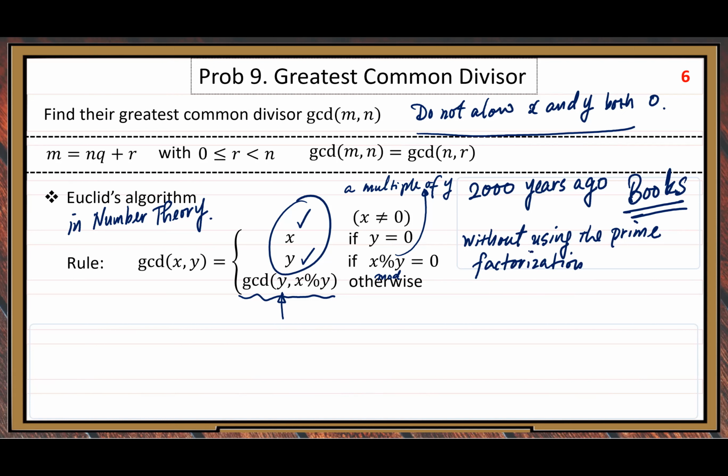Its direct consequence is that it will be much faster. It avoids prime factorization.